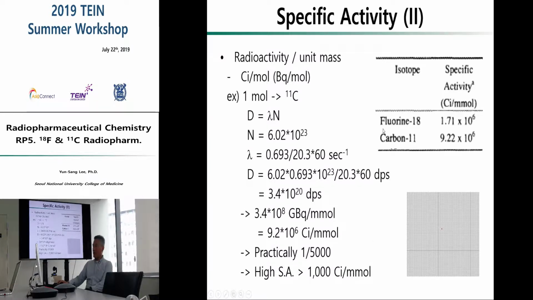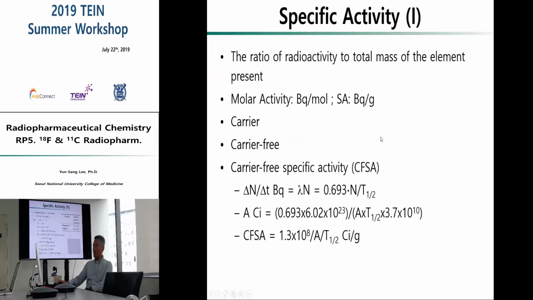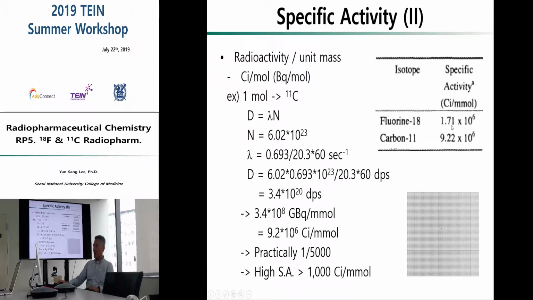Here you can see fluorine-18: from this equation we can calculate the theoretical highest specific activity. Normally C11 compounds are higher than F18. Okay.